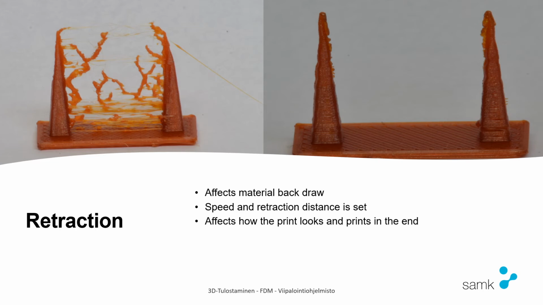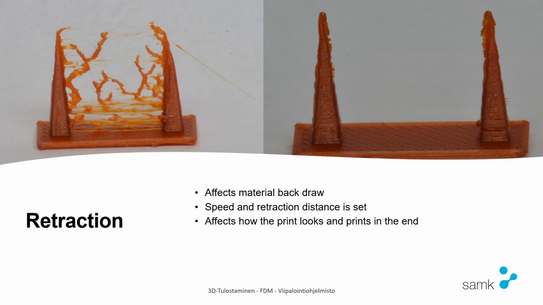Retraction means that when the printer starts to move from one position to the other, it will draw the material back into the extruder, and once it gets there, it will push the material back. Because if we don't draw the material back, it will start drooping from the nozzle.